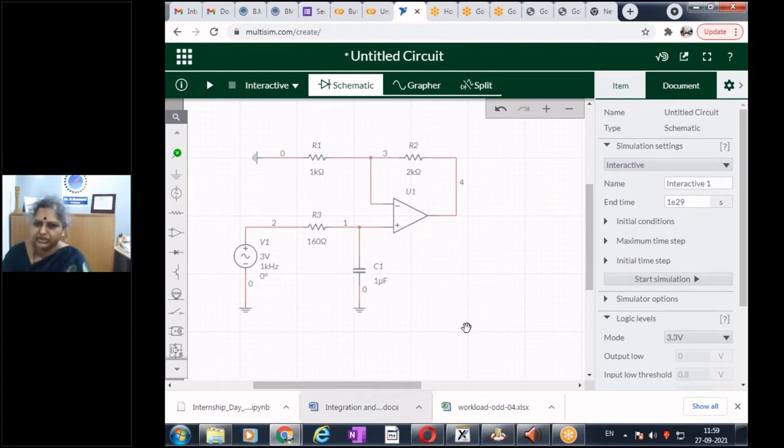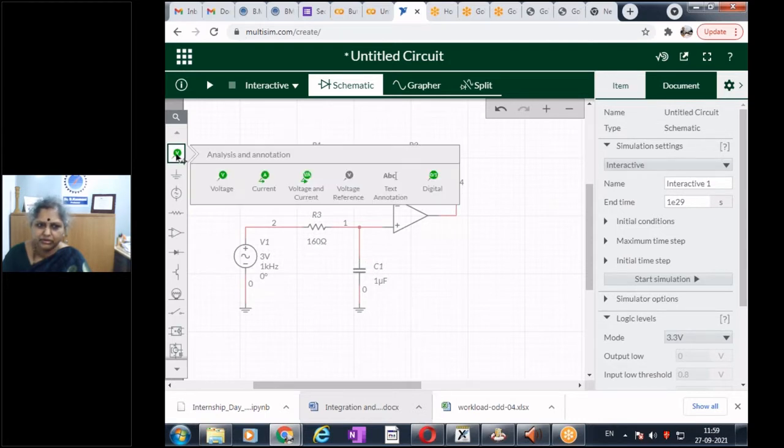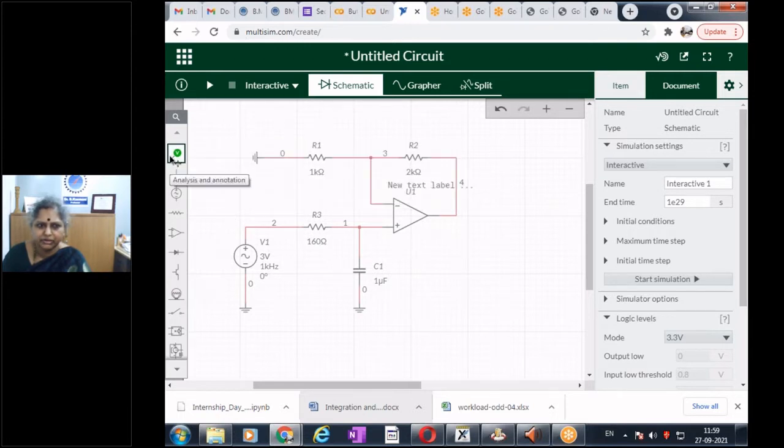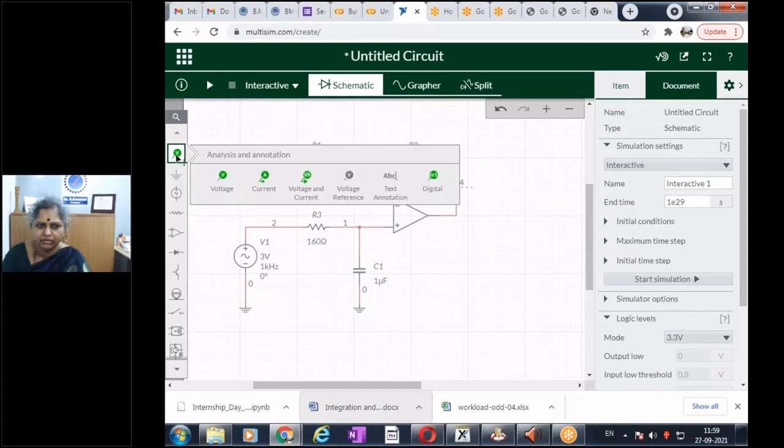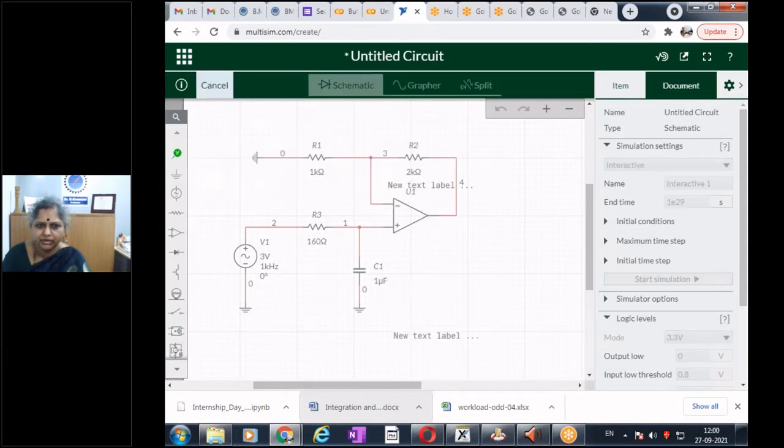So a low pass filter with the cutoff of 1 kilohertz. So let me put an annotation if I want to put a text annotation.